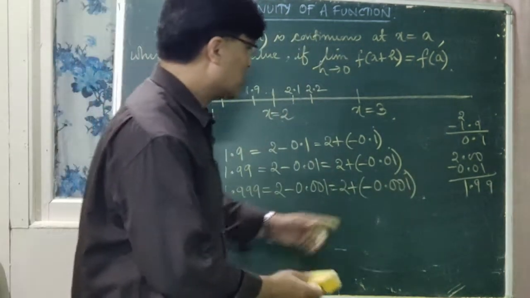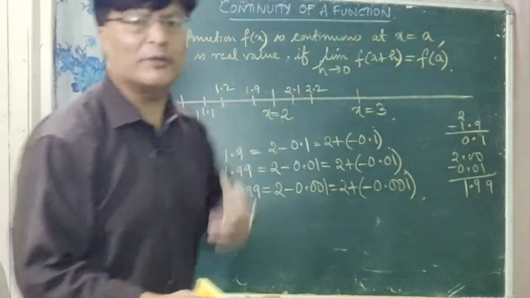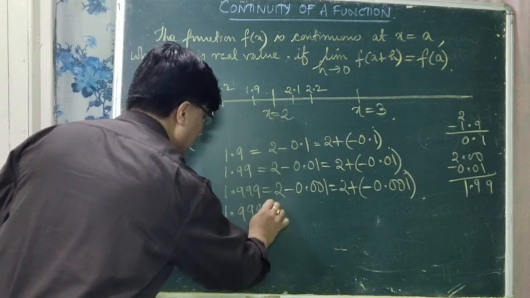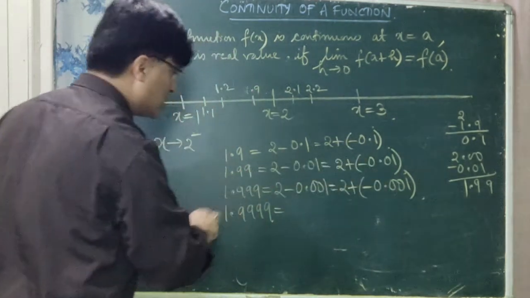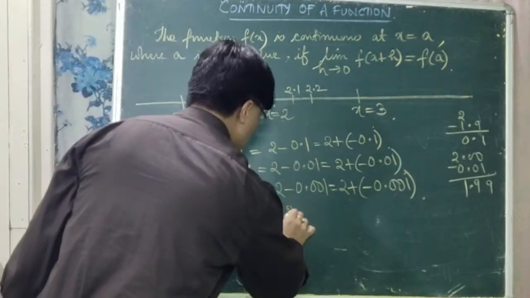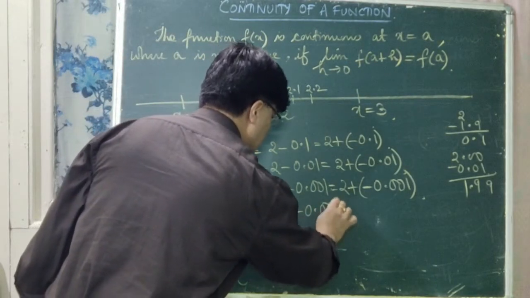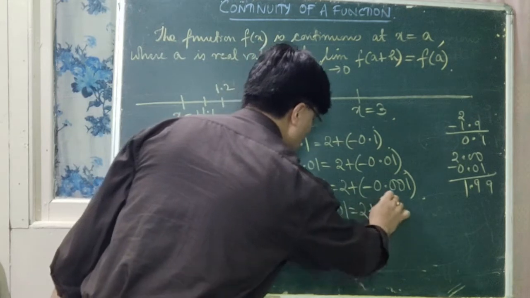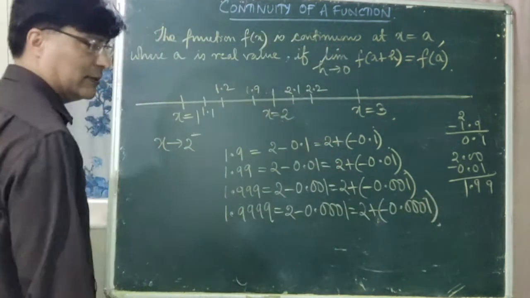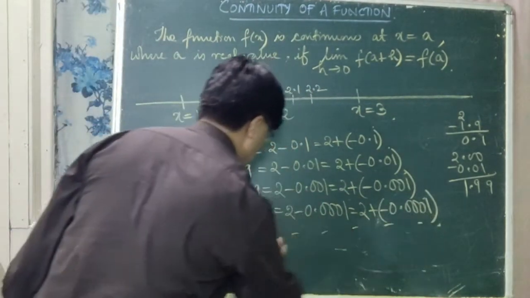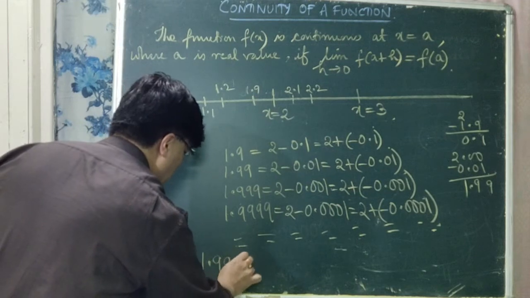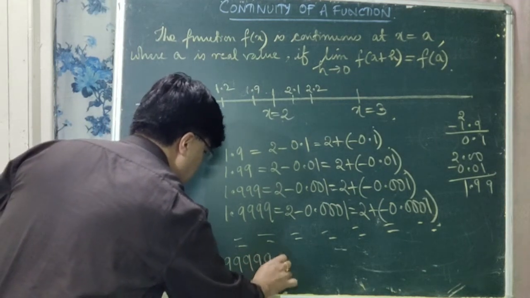You may say, sir, here there can be even smaller values too. Here you may also have 1.9999. We are approaching towards 2. So it is 2 minus 0.3001, which is equal to 2 plus within bracket minus 0.3001, like that, dot dot dot. Or you may have 1.2 3 4 5 6 7.